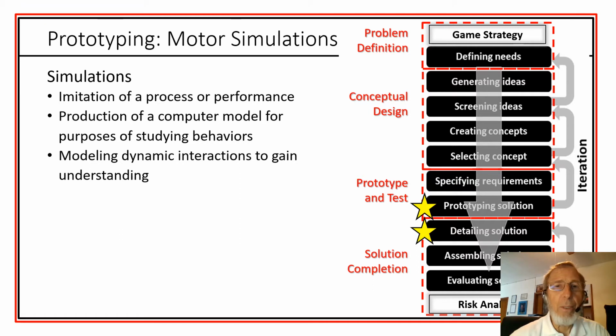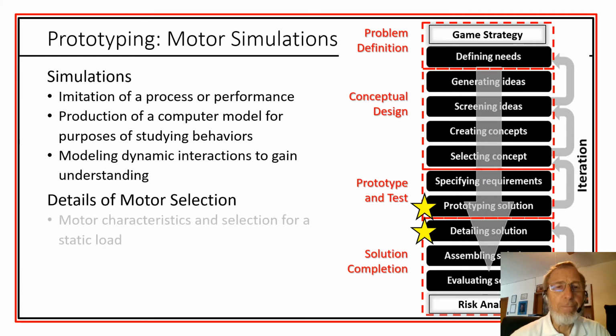It may be the production of a computer model for purposes of studying behaviors, or it might be modeling dynamic interactions to gain understanding that we need to make these decisions. We're going to talk today about using simulations and math modeling for selecting motors and understanding their performance.